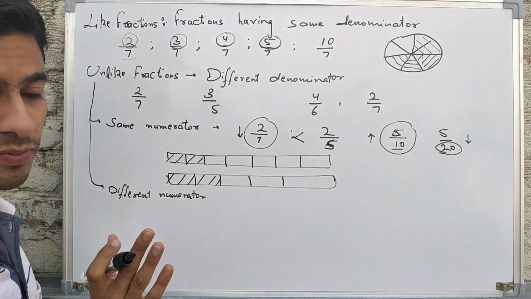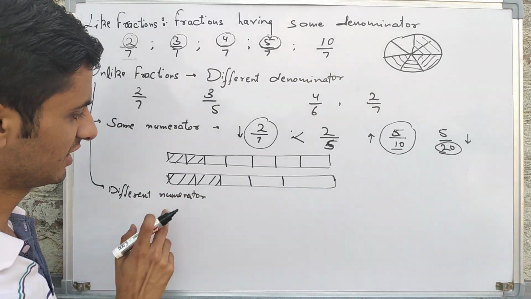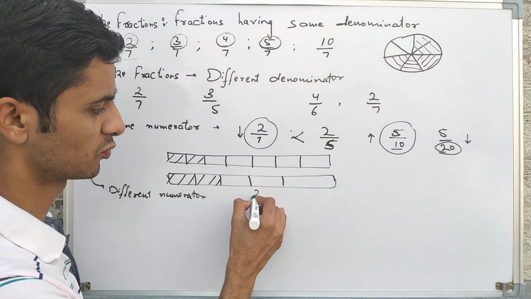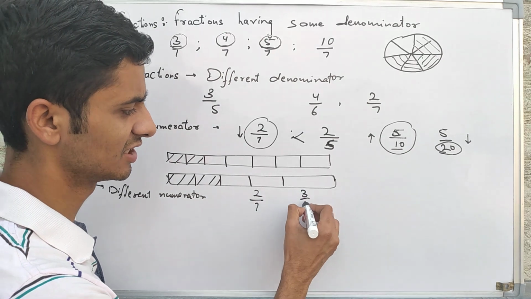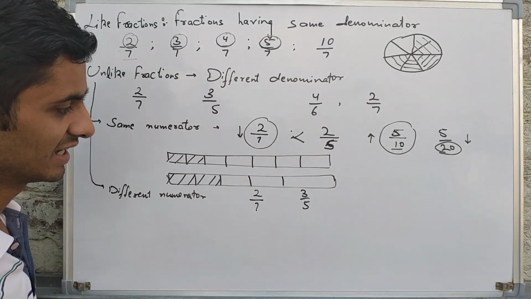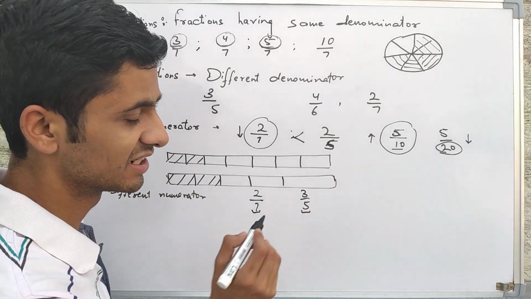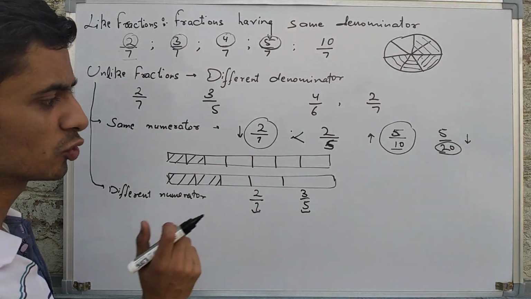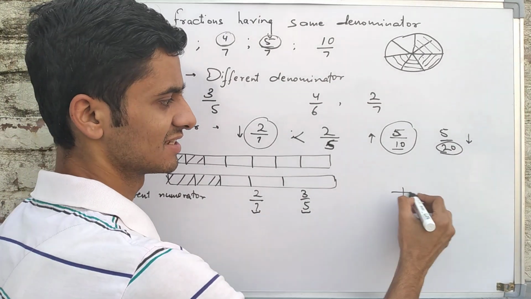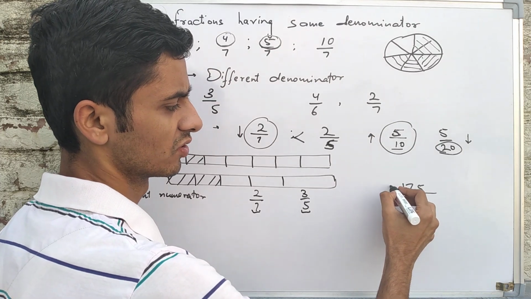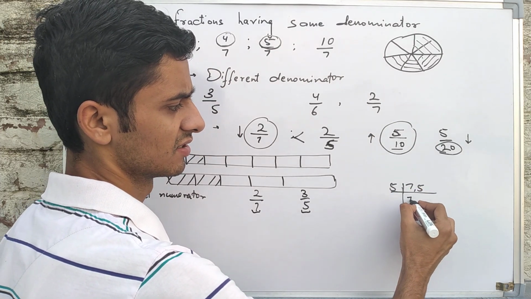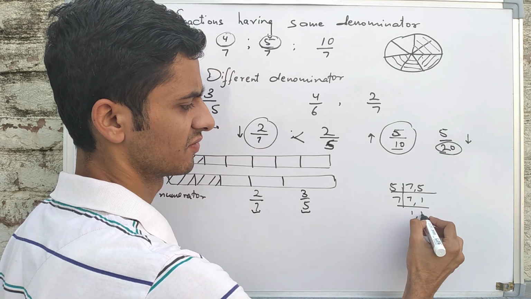Another case is when numerators are different and denominators are also different. Suppose we want to compare 2/7 and 3/5. In that case, as you all know, we have to make the denominators same. How to make the denominator same? We will take the LCM of 7 and 5. 5 ones are 5, 7 ones are 7.